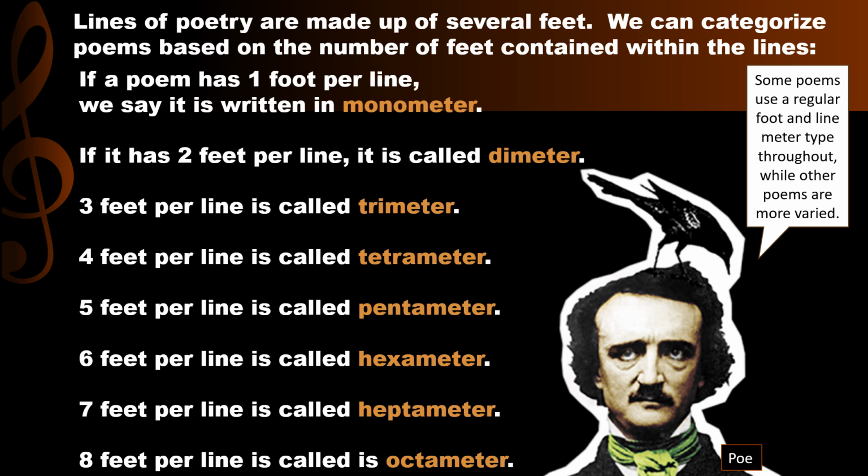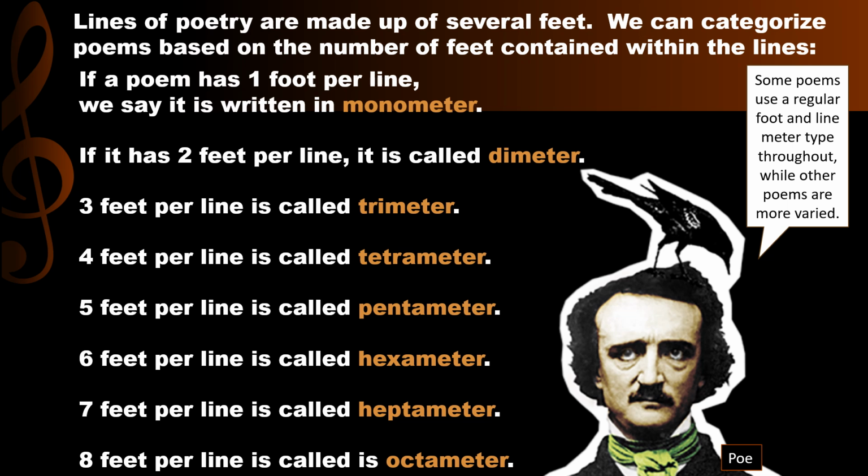If a poem has 2 feet per line, we call that dimeter. 3 feet per line is called trimeter. 4 feet per line is called tetrameter. 5 feet per line is called pentameter. 6 feet per line is called hexameter. 7 feet per line is called heptameter.